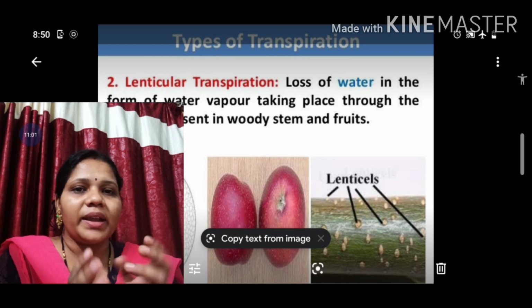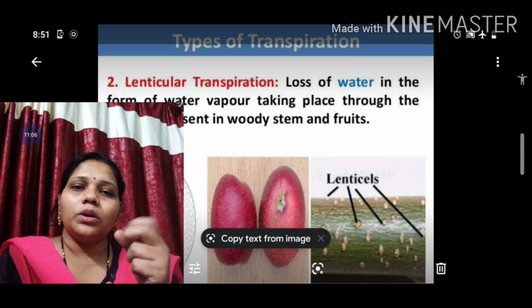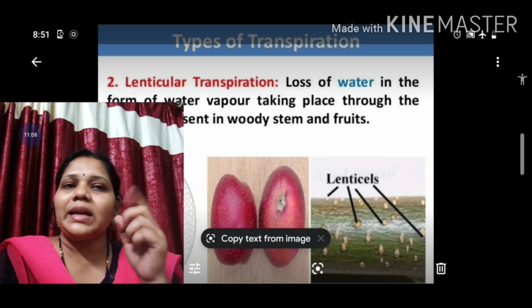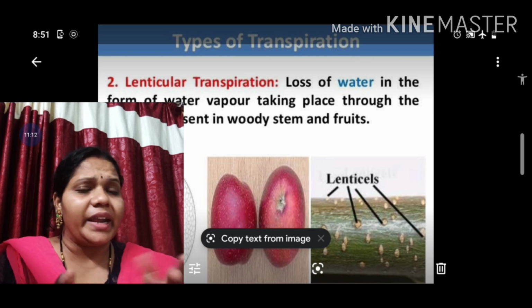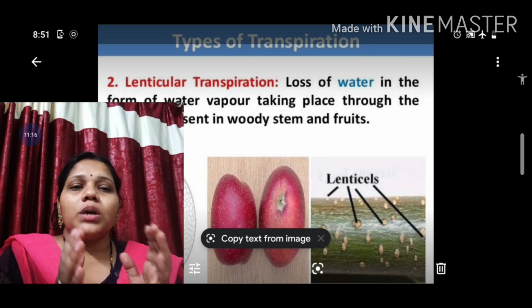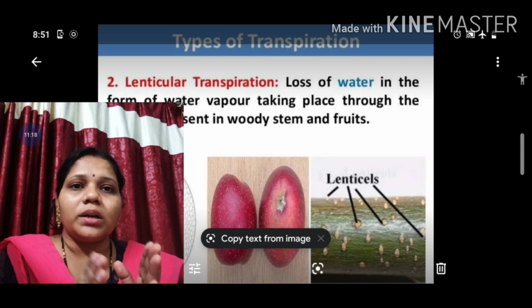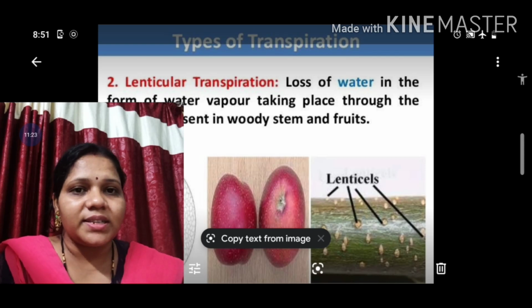The stomata can close and open, as we learnt now, whereas the lenticels are permanent openings. They cannot close. So the transpiration which occurs through the lenticels is known as lenticular transpiration.